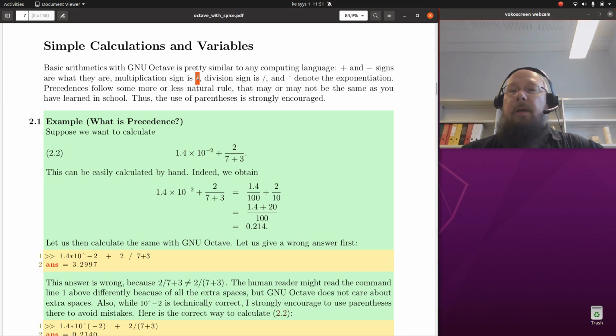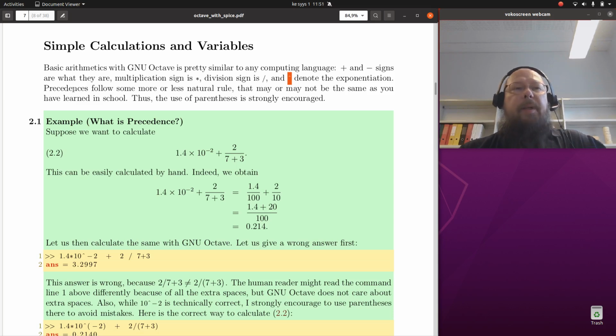We cannot write AB like A times B, as sometimes in mathematical formulas. Star has to be used always for multiplication. The division sign is the slash, and then exponentiation, so raising to a power, is this hat. We will not be using that too much.